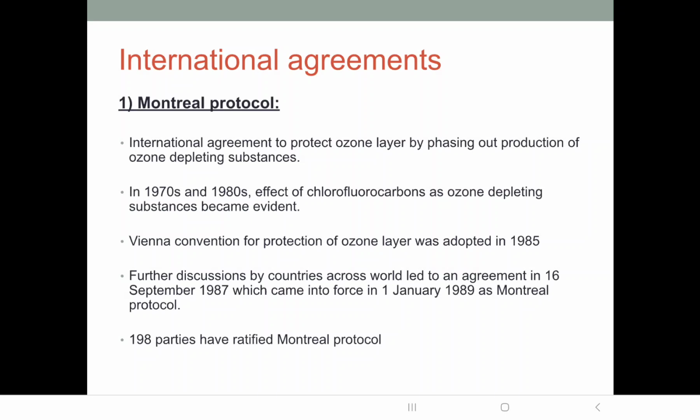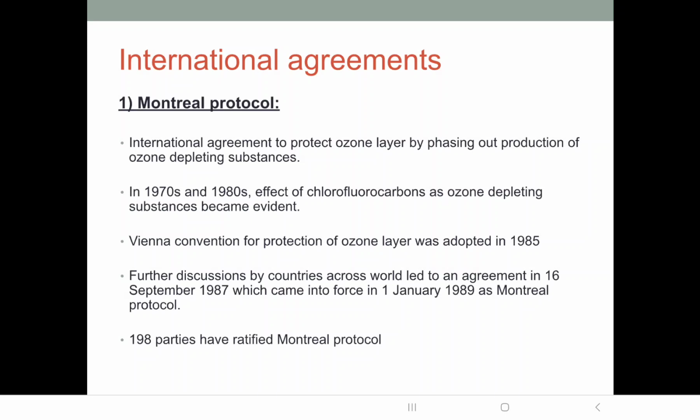What are these ozone depleting substances? Earlier also we have seen that in the 20th century, use of chlorofluorocarbons was increasing in various products or articles of daily use such as refrigerators.